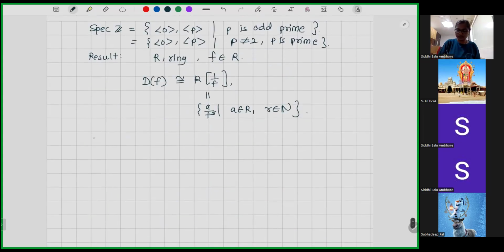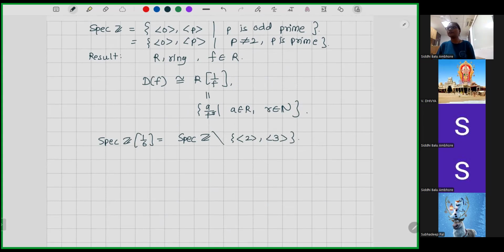For example, I'm saying that Spec of Z_(1/6) will be Spec Z minus the ideal generated by 2 and the ideal generated by 3.